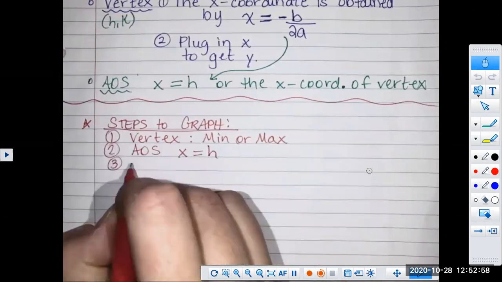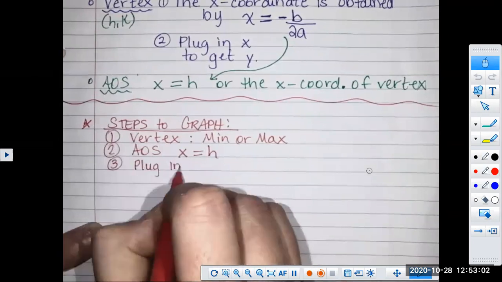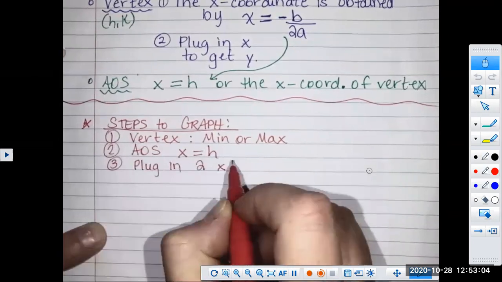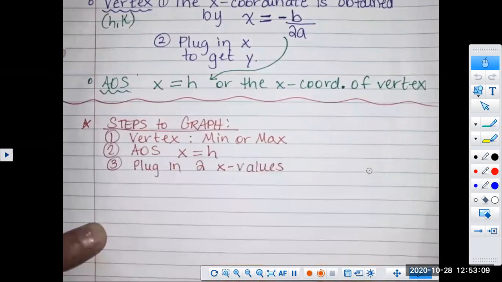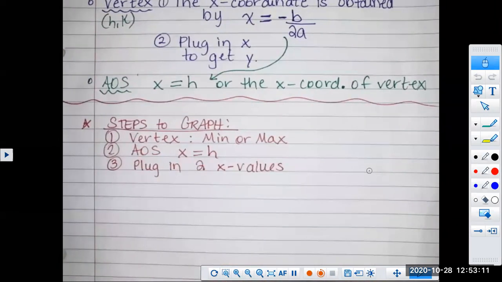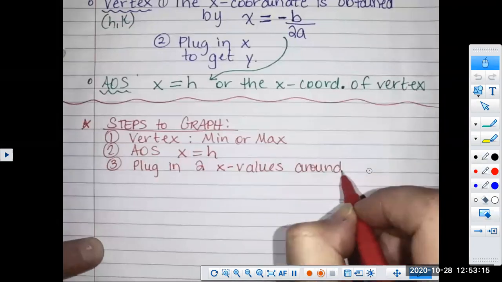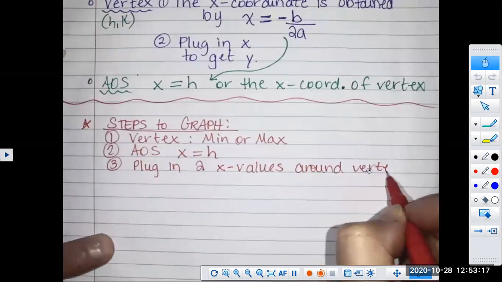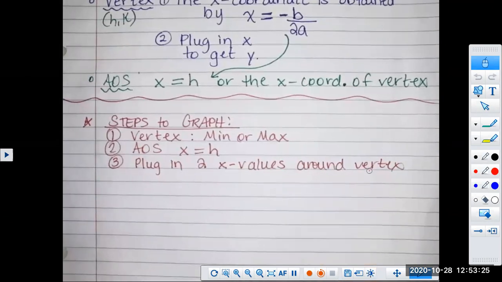Then you have to plug in two x values that are around your vertex. So close to your vertex, remember we plugged in two x values that were either higher or lower than our vertex, and then you use your axis of symmetry to get your other points.